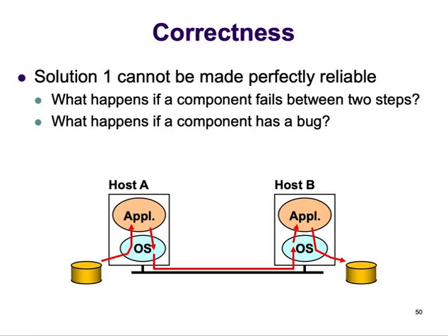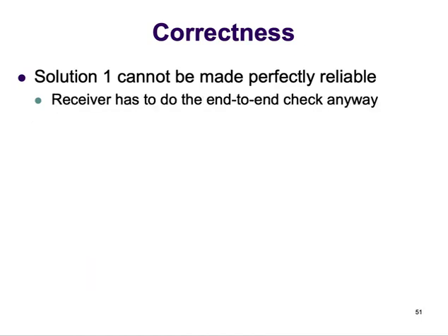And so unless you could make every single component guarantee that it is implemented correctly, that it has no bugs, and that it doesn't fail, you actually cannot guarantee the correctness of the file transfer. And so in order to guarantee the correctness of the file transfer, you're going to end up doing the end-to-end check in any case.